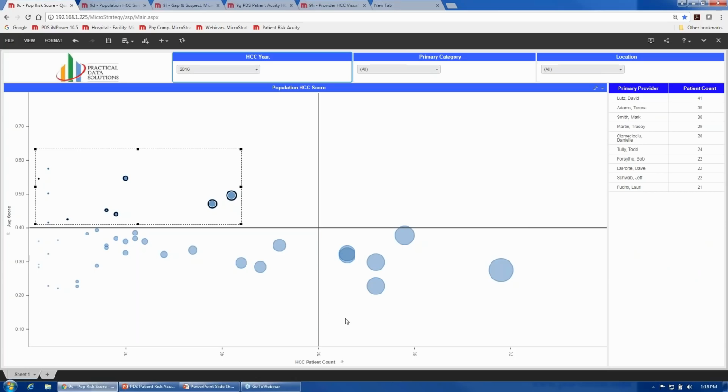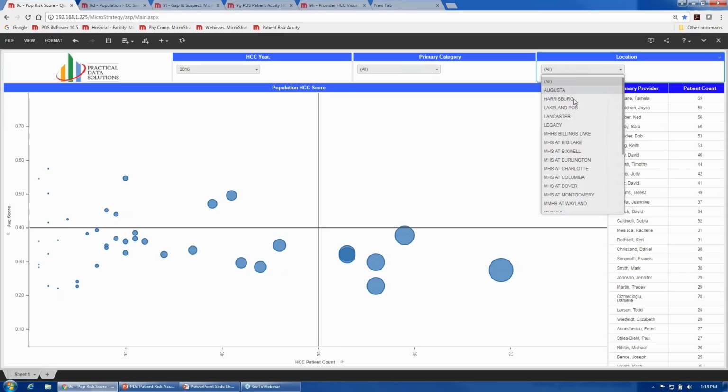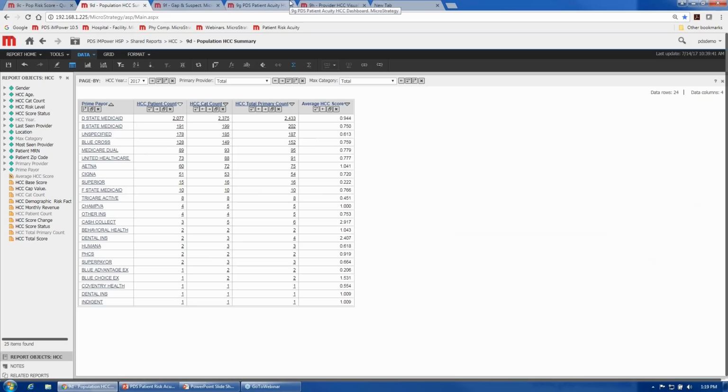So I'm kind of upside down on this contract. I can also start to look at this by location to see if I've got physicians in a particular location who are not working well and try to determine some of the root causes of my lack of specificity in the data.